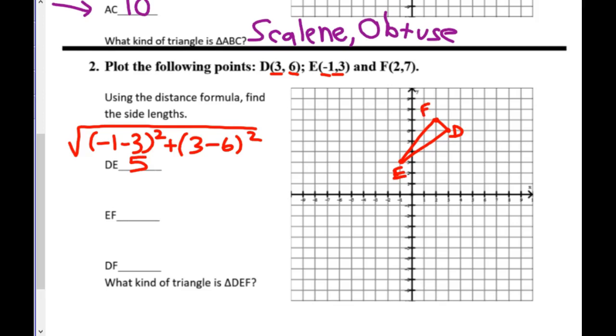Okay, let's try EF. So x2 minus x1 is 2 minus -1 squared plus y2 minus y1, 7 minus 3 squared. Let's type that in.